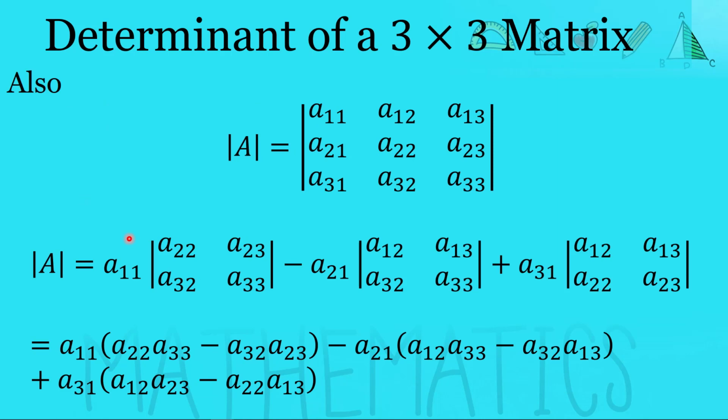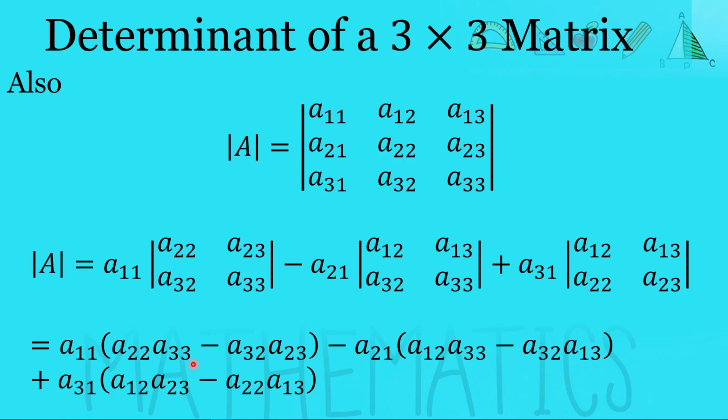The determinant of A is going to be equal to A11 times the determinant formed right here, minus A21 times the determinant formed by this matrix, or more importantly, the matrix that results when you exclude the row and column that includes A21, and then plus A31 times the matrix that results when you exclude this row and this column.